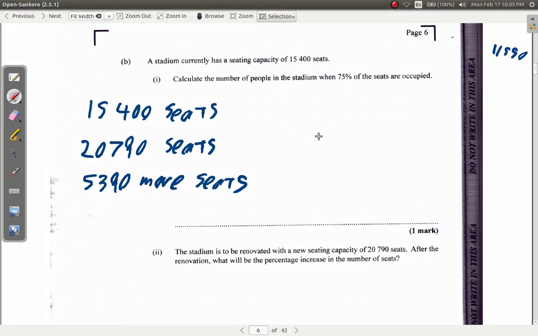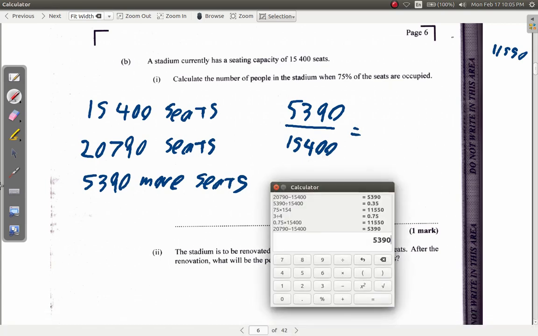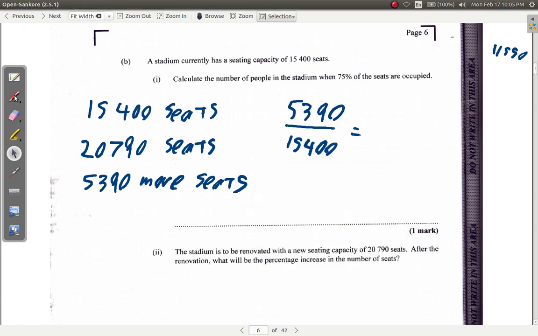What you do is say 5,390 divided by 15,400, and that will give you what? 5,390 over 15,400 is 0.35.